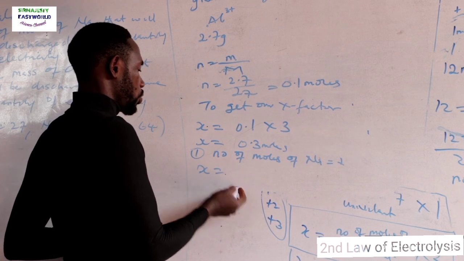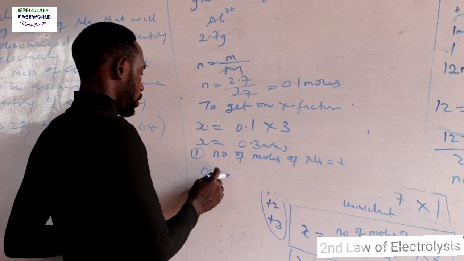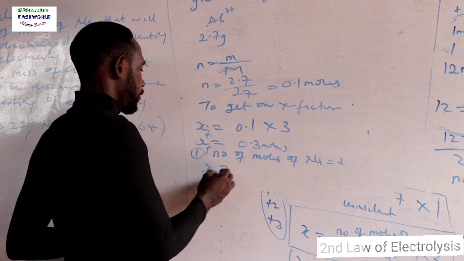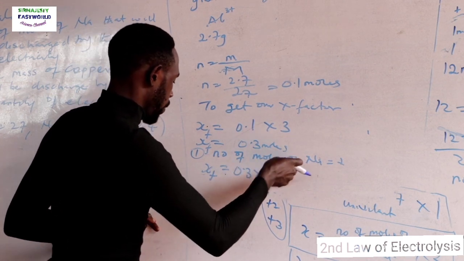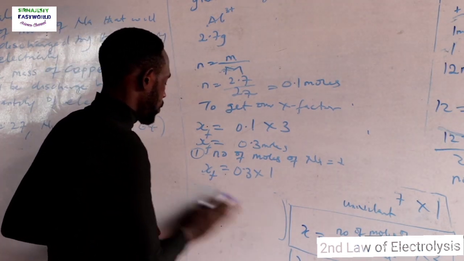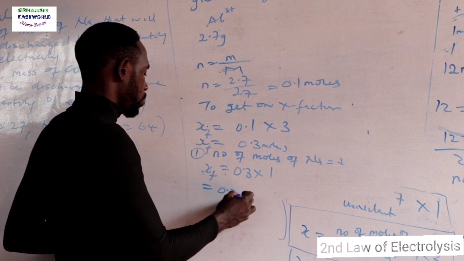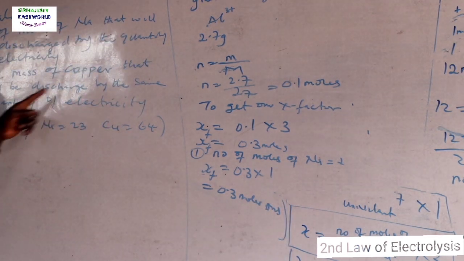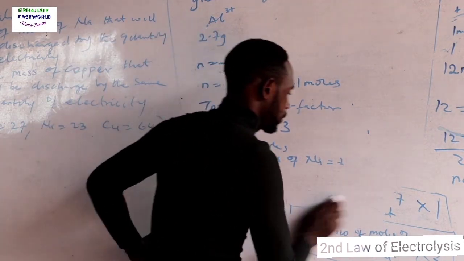You use X, which is what we have gotten, our X factor, XF here is equal to 0.3 times 1, which will still remain 0.3. So it means that 0.3 moles of sodium will be discharged, and that's your final answer. So the number of moles of sodium discharged is 0.3 moles. Then the next one says the mass of copper discharged.